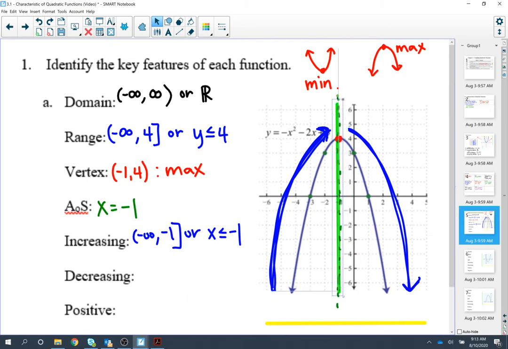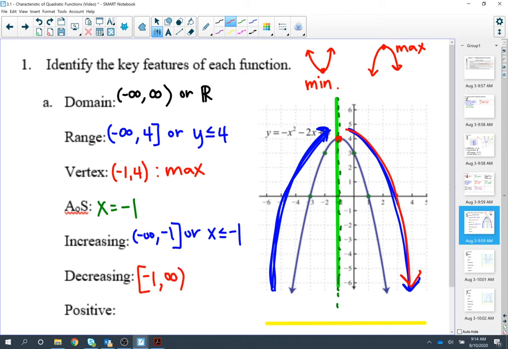Versus now if we're going to do our decreasing, this side of the graph is traveling down. Well, that starts at the -1 and goes out to infinity. And again, bracket or parenthesis on this -1, up to you. I'm not going to mark it wrong either way. But on the infinity, you better have a parenthesis.